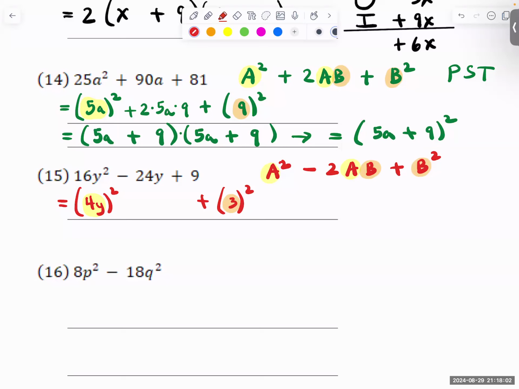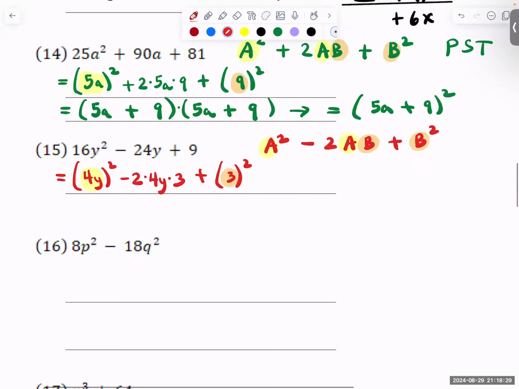Now the middle term, to confirm we have a perfect square trinomial, we'll take from the formula minus 2 times A, which is 4y, times B, which is 3. So multiplying 2 times 4 is 8, 8 times 3 is 24, times y, that's the middle term. So we do have a perfect square trinomial, and it will factor as a product of two binomials.